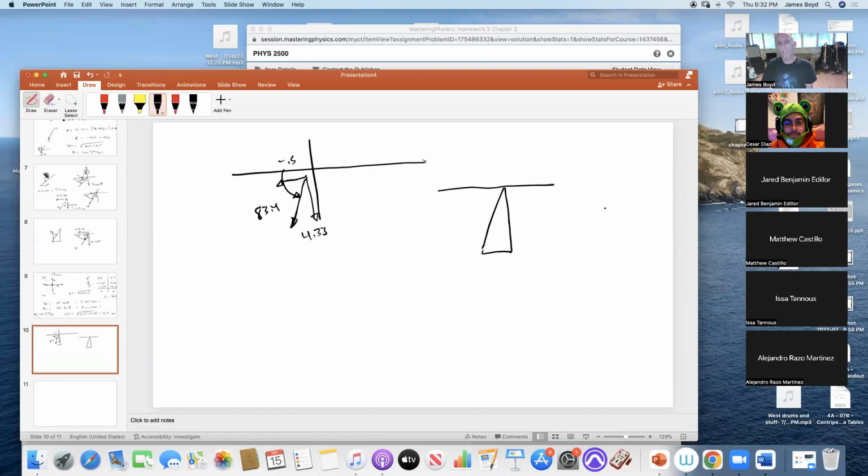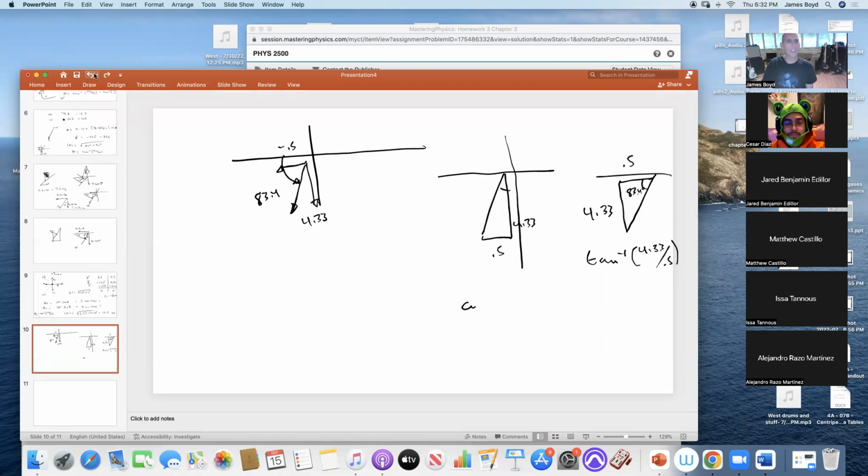When you look at this triangle, this triangle here versus this triangle here, this triangle is 0.5 and 4.33. So this angle would be 83.4 degrees, because this is arctan of 4.33 over 0.5. If you were to do this one, you would get 0.5 and 4.33, and so you get arctan of 0.5 over 4.33.